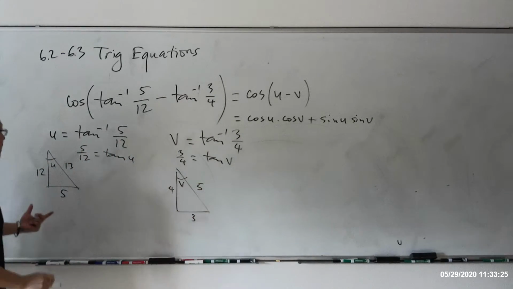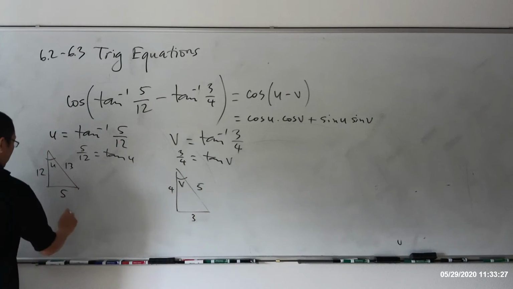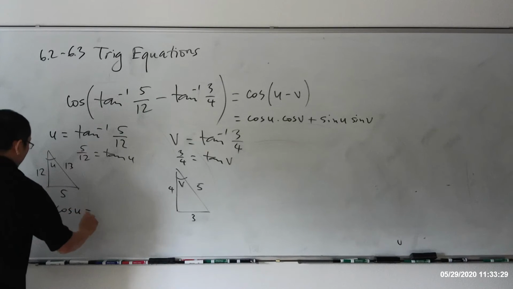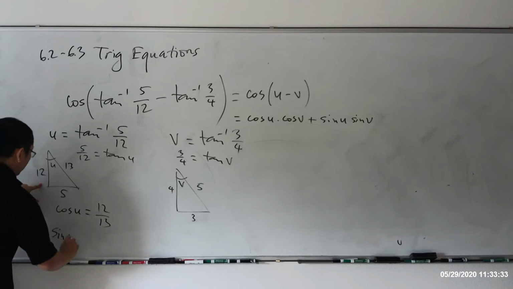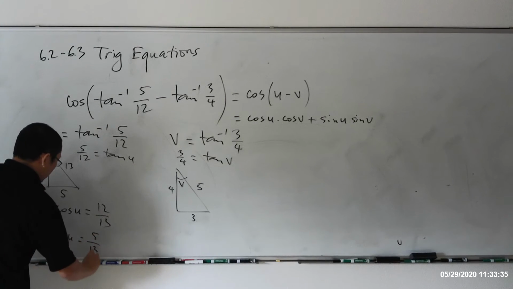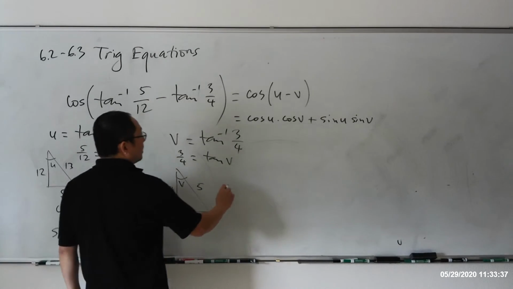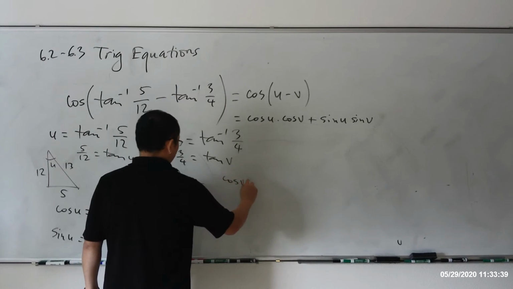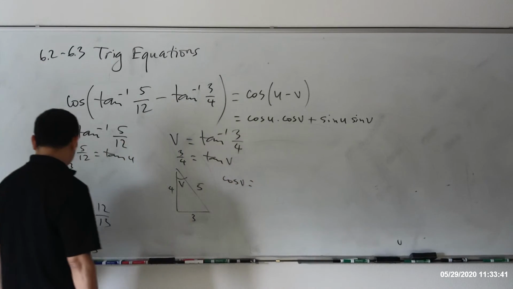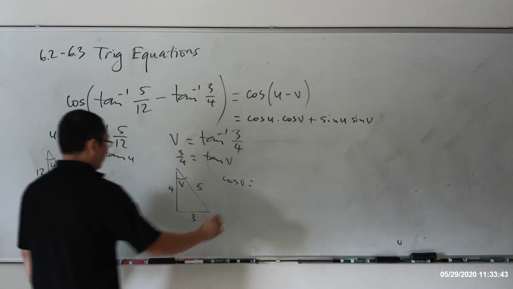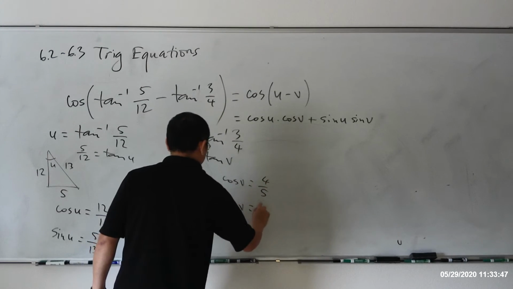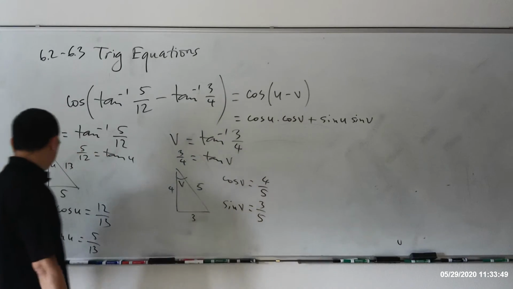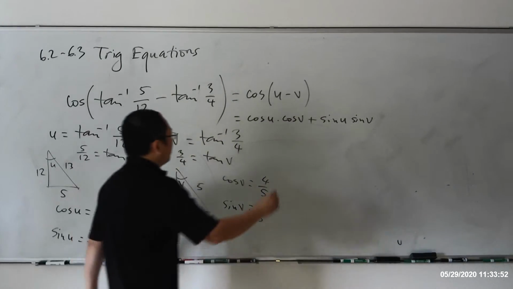So we have everything. Now we calculate cosine of u. Cosine of u is 12 over 13, and sine of u is 5 over 13. Cosine of v is 4 over 5, and sine of v is 3 over 5. Now plug them all in here, you have the answer.